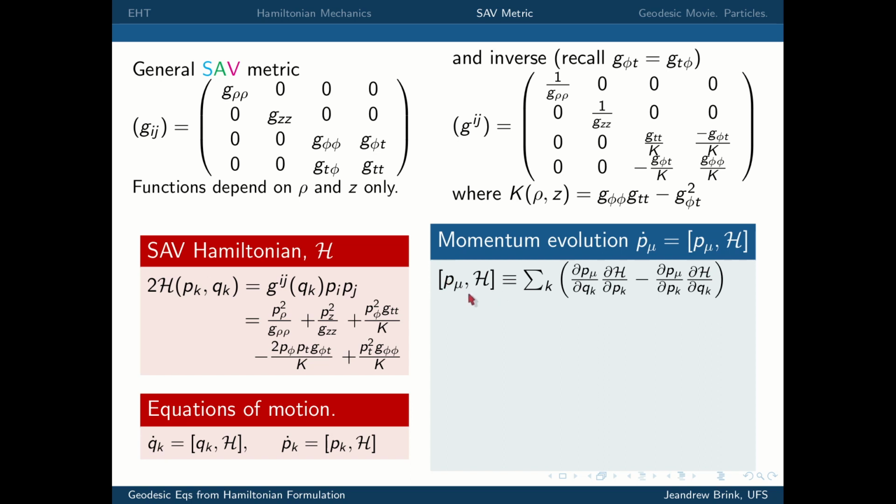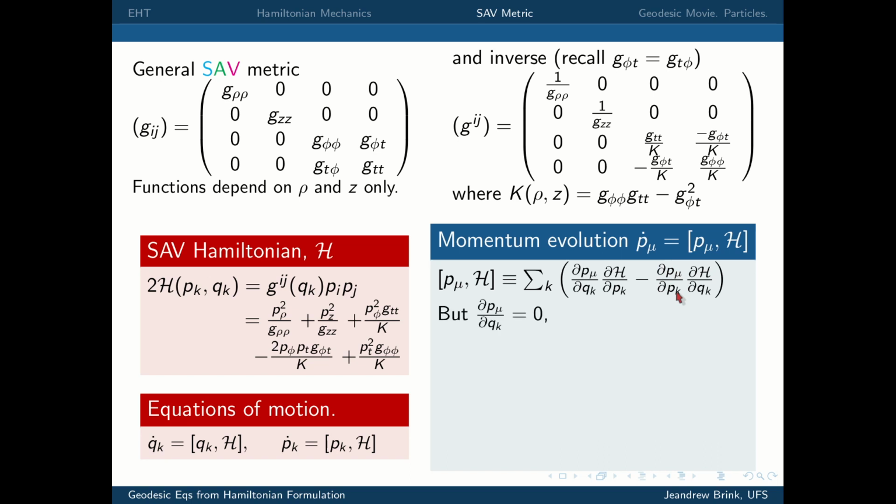Okay, so the bracket of p mu with H is the sum over k of partial p mu with respect to q k, which is 0 because the generalized momenta and coordinates are viewed as being independent in the Hamiltonian formalism. So this term vanishes, minus partial p mu partial p k, and this thing is non-zero only if mu equals k.